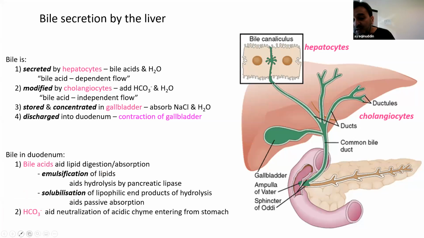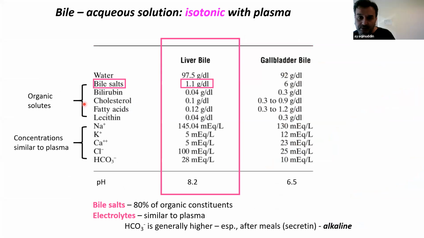The other important thing the bile does is that because it has more bicarb content, the acid coming from the stomach gets neutralized by the bicarb present within the bile, which, as we said, is modified by the cholangiocytes by addition of bicarb and water.